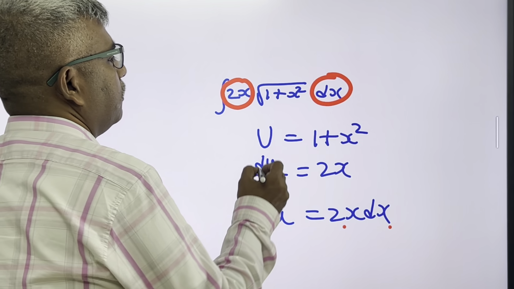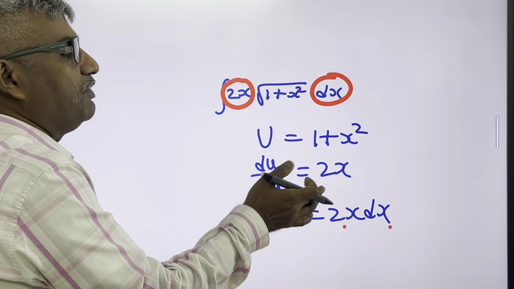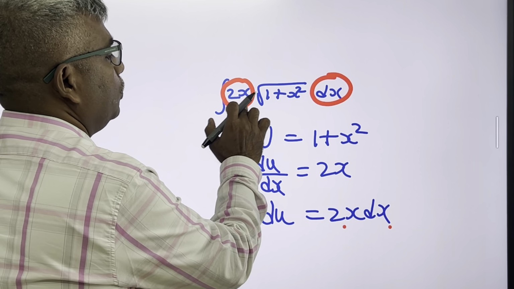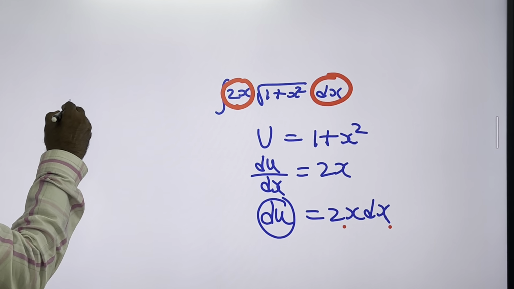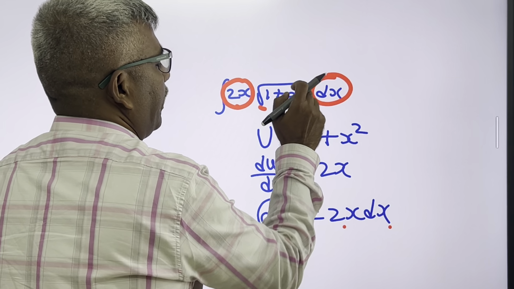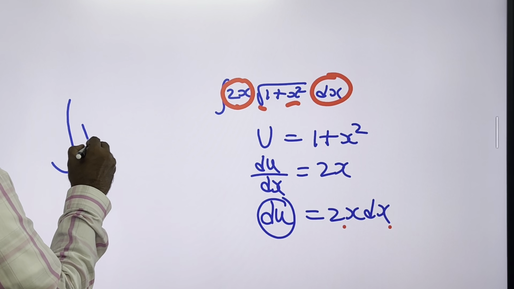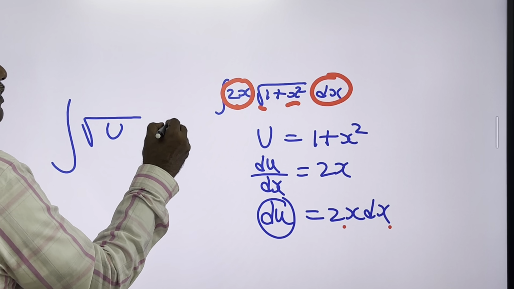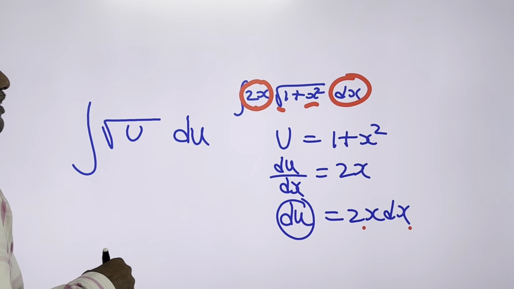So now we are going to rearrange this one. Instead of x, we are going to substitute u. 2x dx is equal to du. Then square root of 1 plus x squared, 1 plus x squared is u, so square root of u du. Got it? Now it is very simple to integrate.